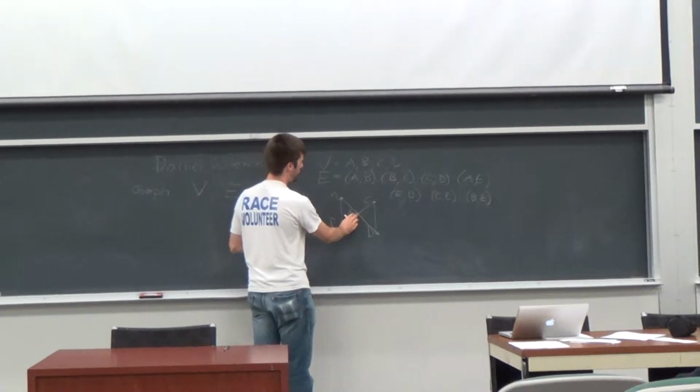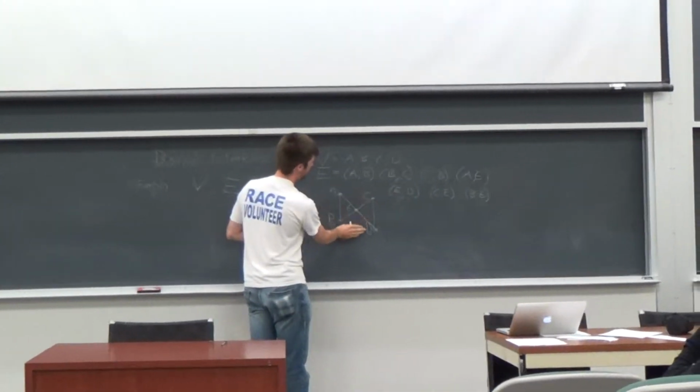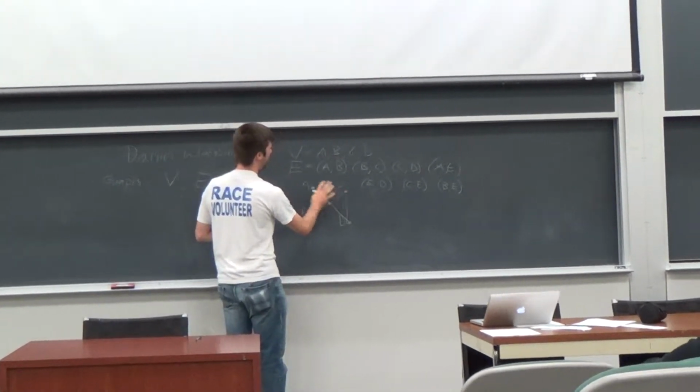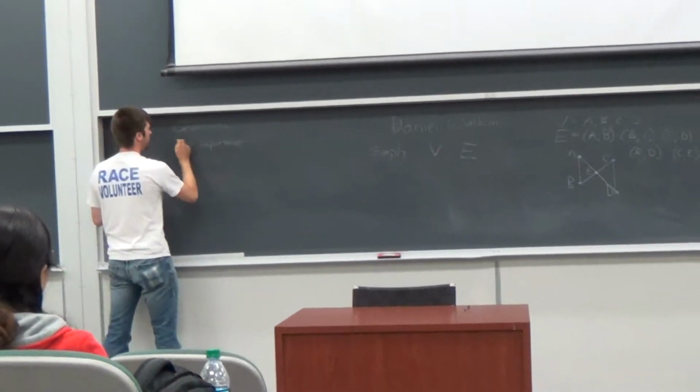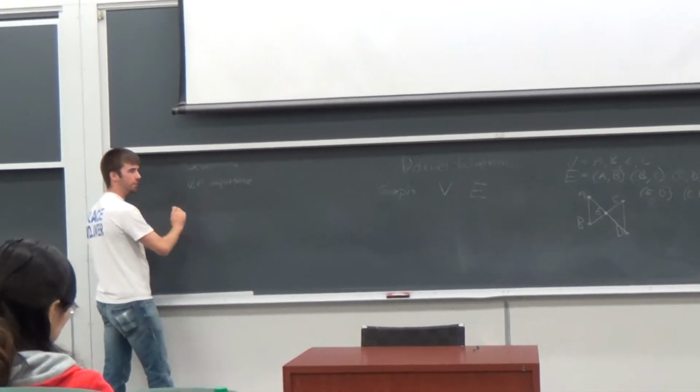The graph would fall apart if I removed those edges, whereas if I removed one of these, less would happen. So the questions that we can ask, the importance of specific vertices and edges.